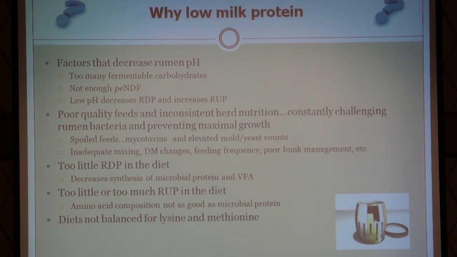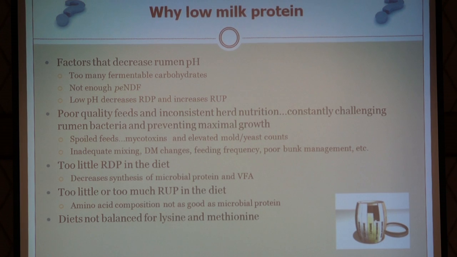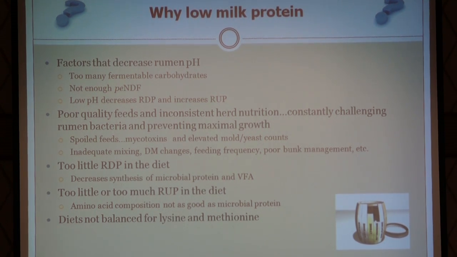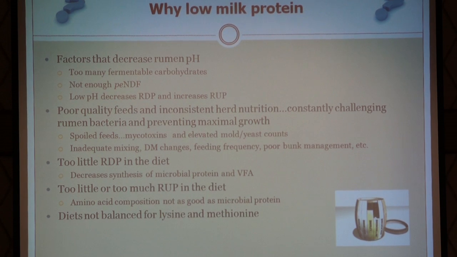If pH gets too low in the rumen, that alters ruminal fermentation. It means they are fermenting less carbohydrate, or the rate of their fermentation of carbohydrate decreases, but the rate of degrading protein in the rumen also decreases.